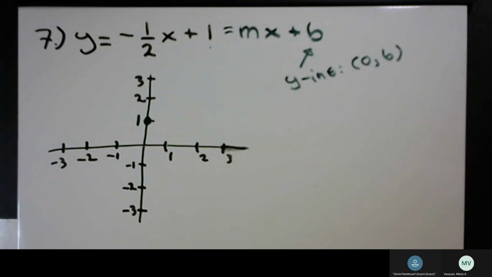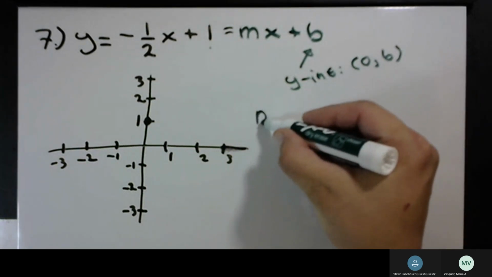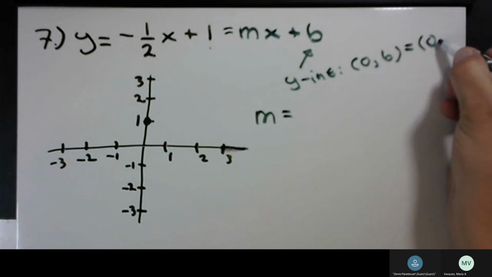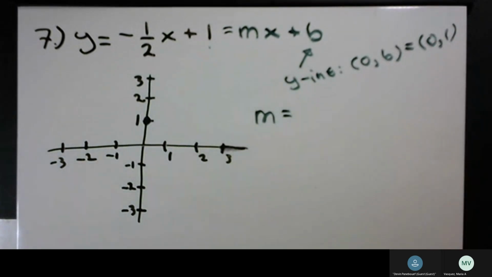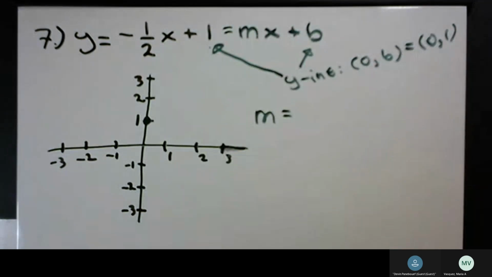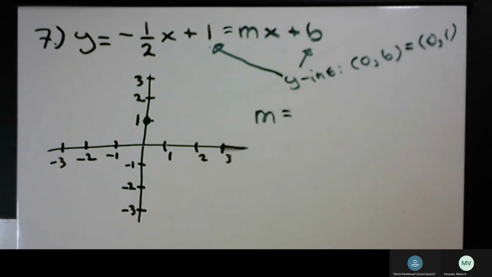Now to get a second point, we can do this one of two ways. Now our slope, here I'll put this as 0, comma 1. This is int for intercept.